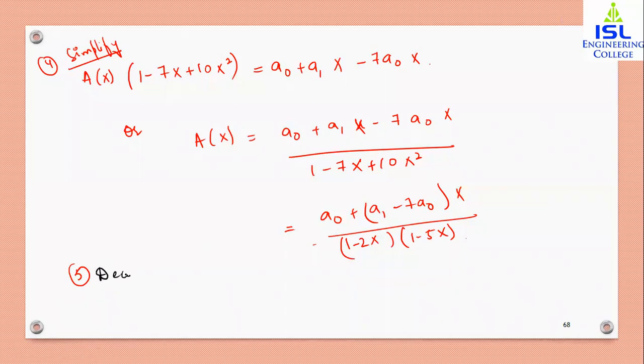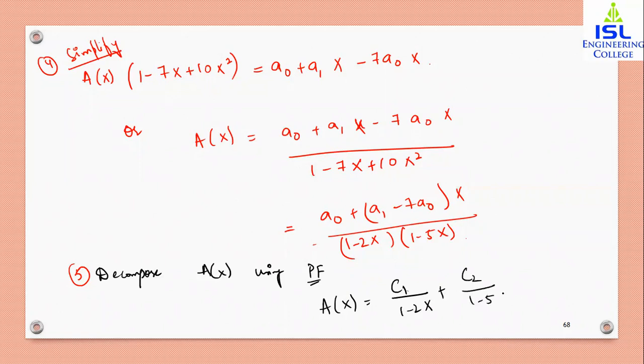Decompose A of x using partial fraction. Now for this we can write A of x as c1 by 1 minus 2x plus c2 by 1 minus 5x, where you have to mention that c1 and c2 are constants.